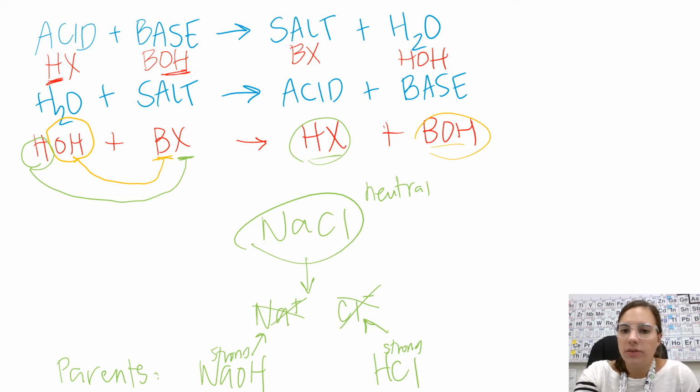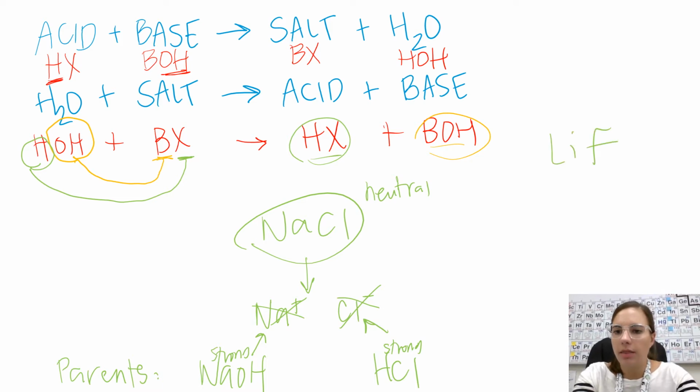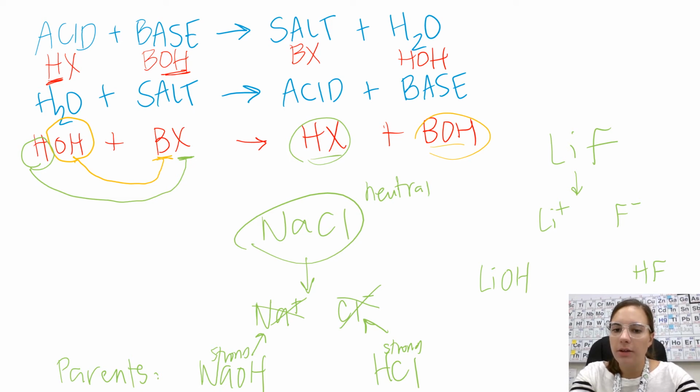Let's say I gave you the salt LiF. So now I'm going to break that apart into lithium and fluorine. So lithium would have come from lithium hydroxide. Fluorine would have come from HF, hydrofluoric acid. Lithium hydroxide, definitely a strong base. So that means that this cannot hydrolyze with water.